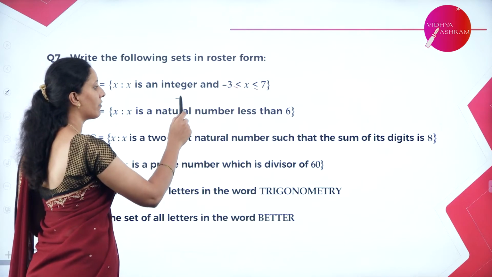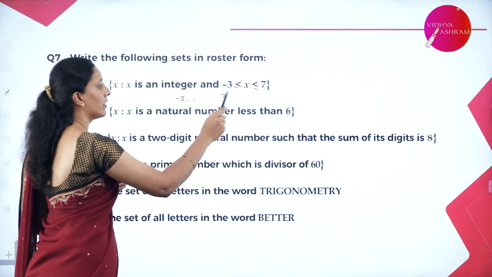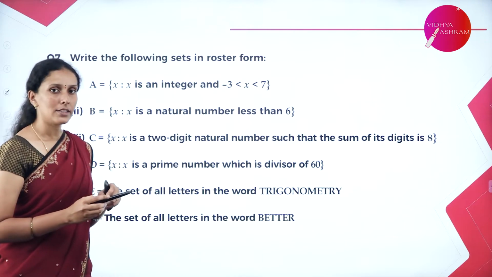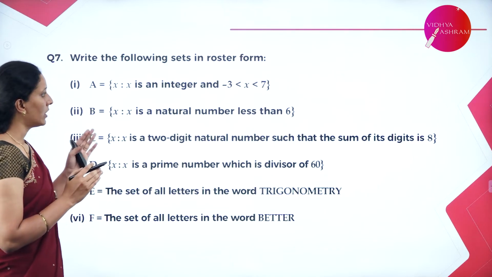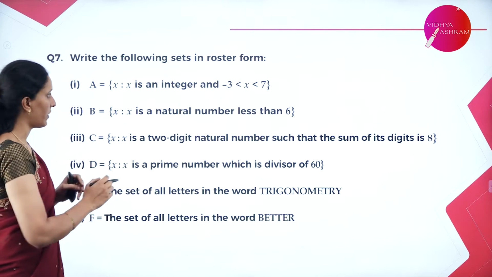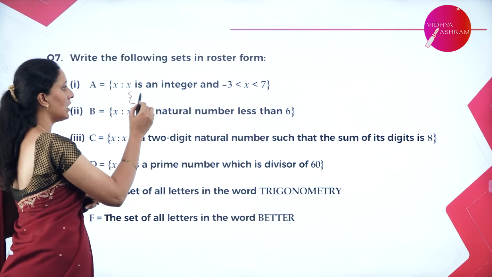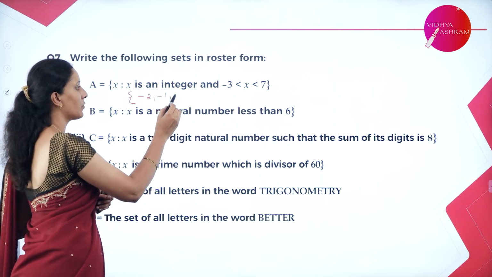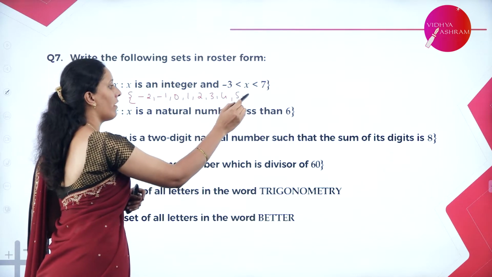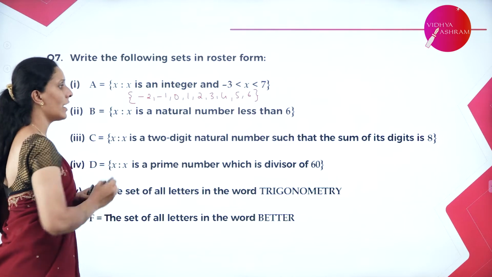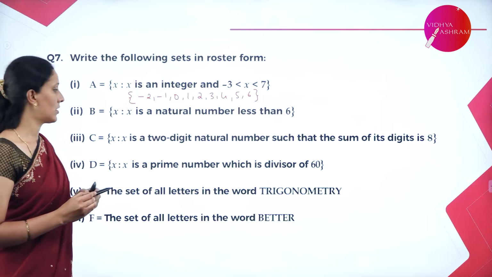That means you will start from minus 3 and end at 7. That is why we need to write only the integers between minus 3 and 7. That is after minus 3 and before 7. So clearly we can write here minus 2, minus 1, 0, 1, 2, 3, 4, 5 and 6. So these are the elements of the given set.